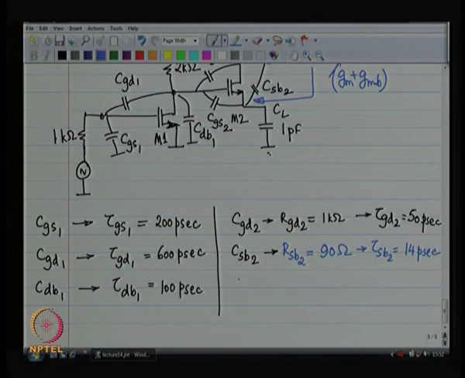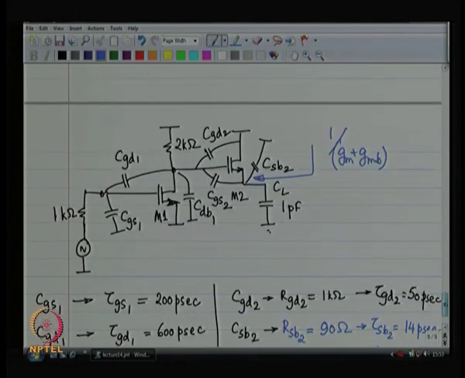Similarly, load also sees 90 ohms. So, with 1 picofarad I see 90 ohms, so I basically see 90 picoseconds. Beautiful. From 1000 picoseconds I have brought it down to 90 picoseconds with the addition of a few more.